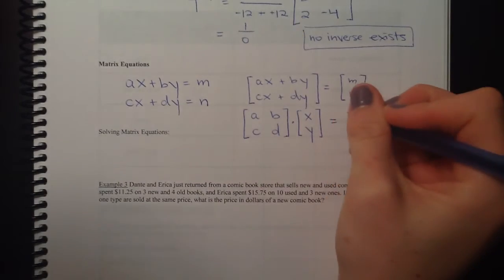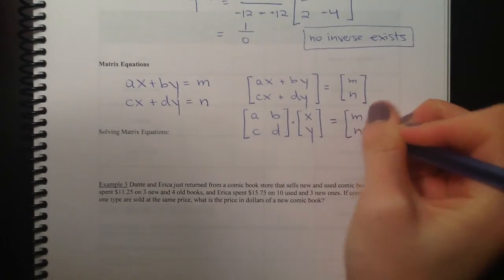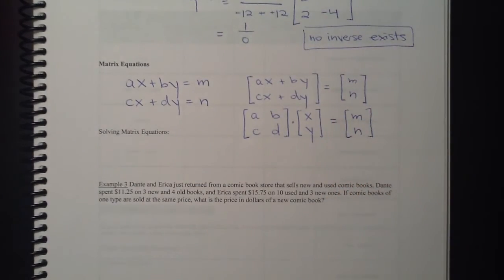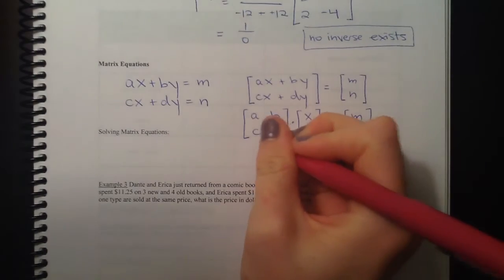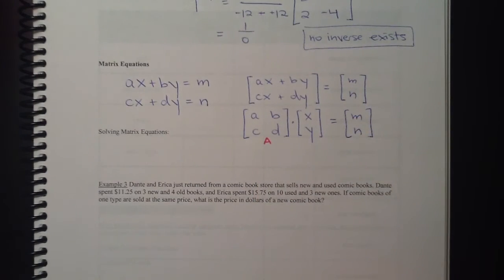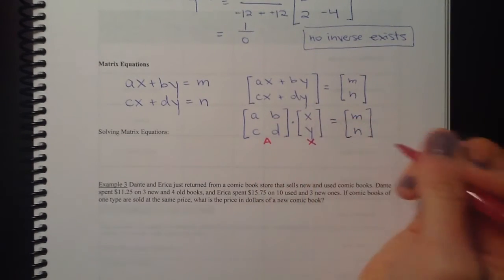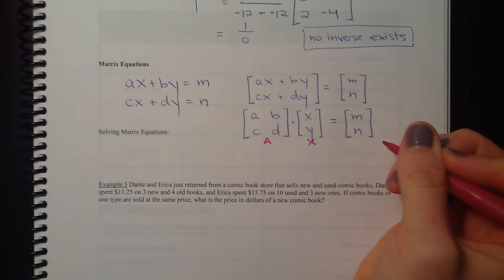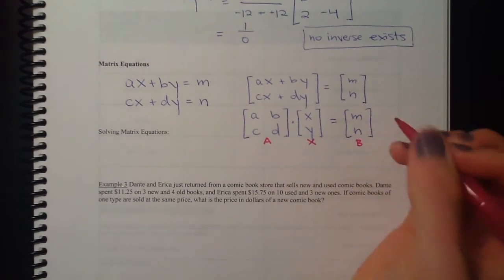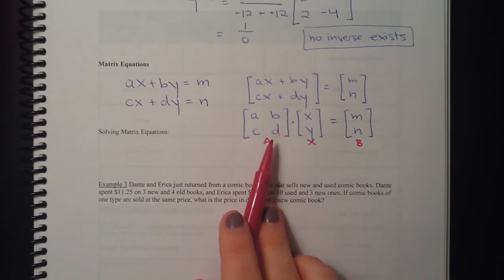And then equals mn. All right, so the way the book sets these up is they label the coefficient matrix A, and then they label the variable matrix with a capital X, and then they label the constant matrix with a B. So A is the coefficients.